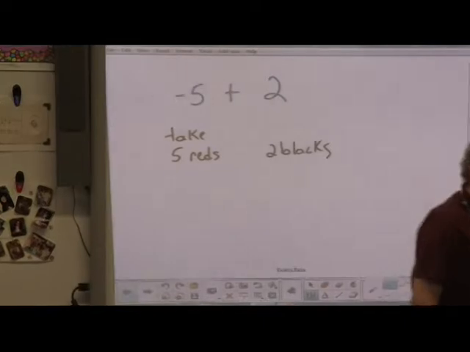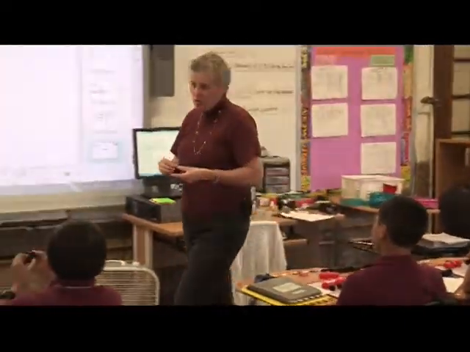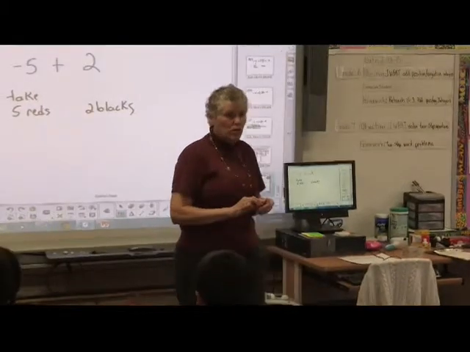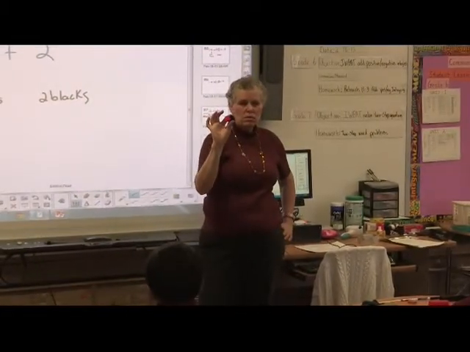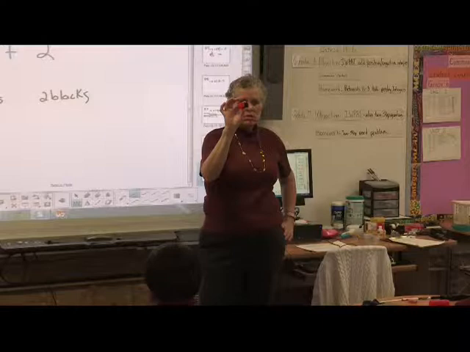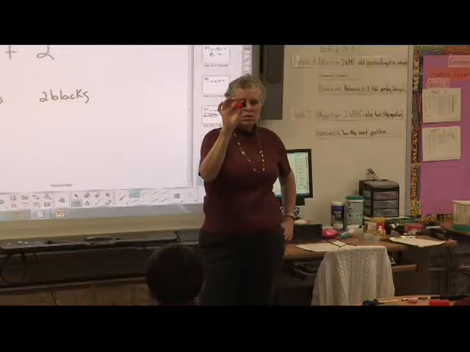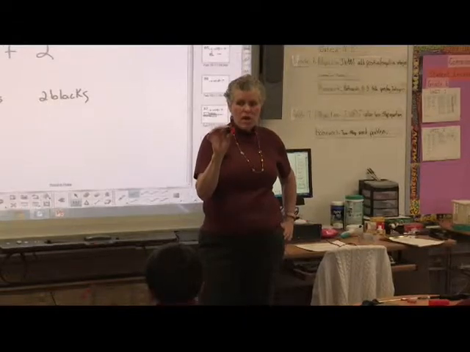Let me just backtrack a little bit. What is this value? I'm going back to when we were doing algebra, when I have 1 black and 1 red. A 0. 0, because what is this called? A 0 pair?